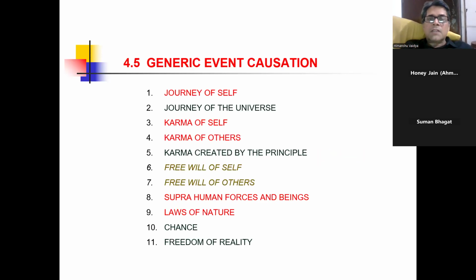In fact, when you see a person and the case, intuitively you start feeling which of these may be at work. And the most common will be 1, 2, 3, 4. This will be the most common factors at work. Any question on this? No, sir.